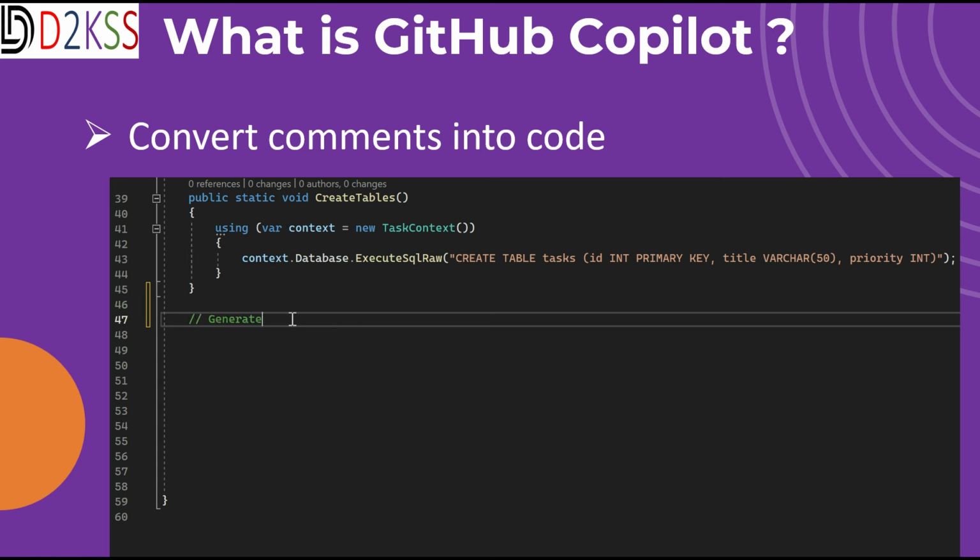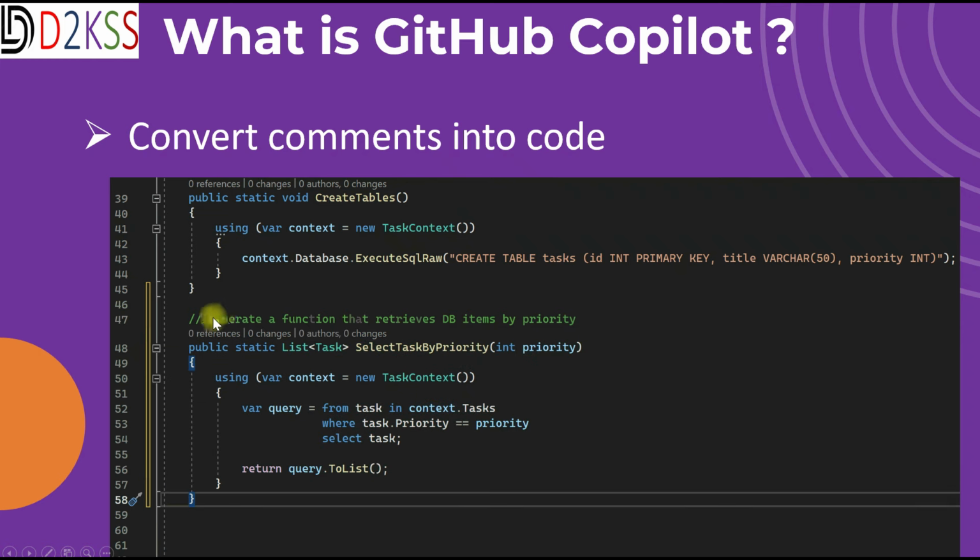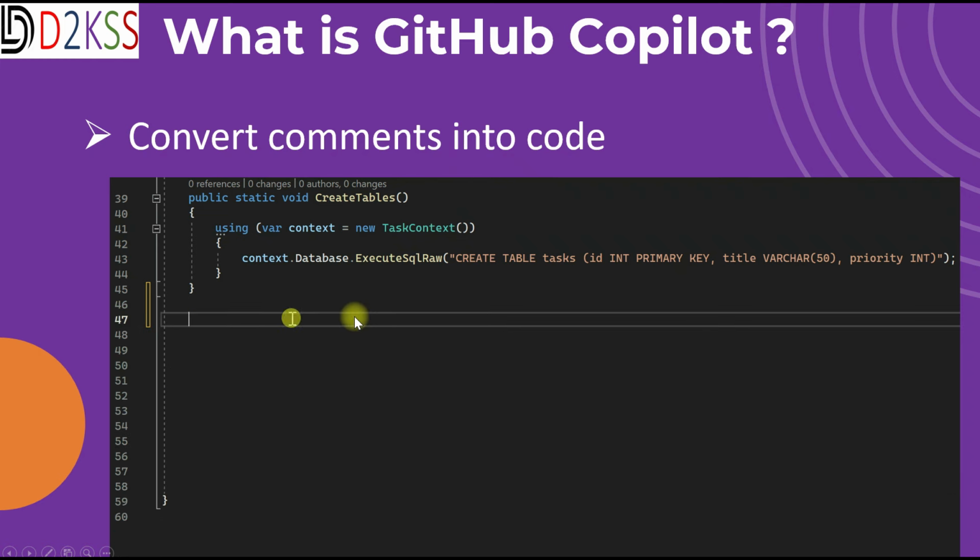GitHub Copilot will help to convert comments into code. When you write a natural language comment, GitHub Copilot analyzes the context of that comment, and it will generate the code automatically.